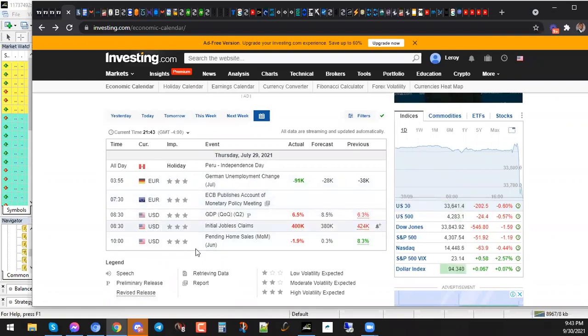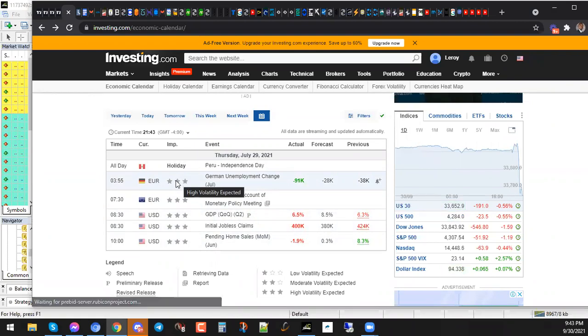And then we have some US news events, high impact news events coming out around 8:30 and 10 o'clock, right? So with looking at this, my start time would be 9 a.m. Eastern Standard. However, with trading expanding formations, it is best to look at 5 a.m. Eastern Standard and 8 a.m.